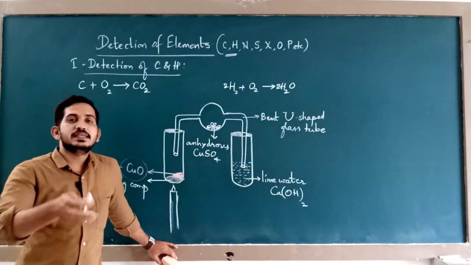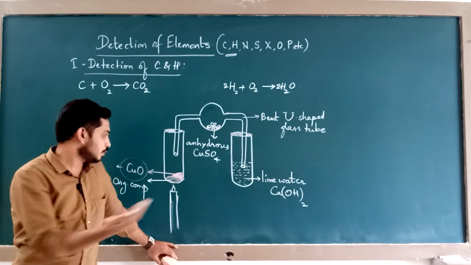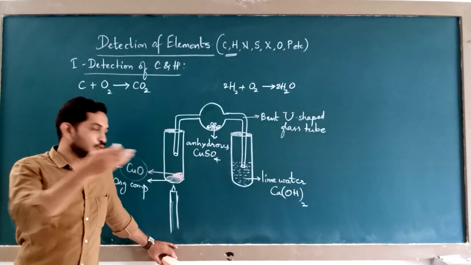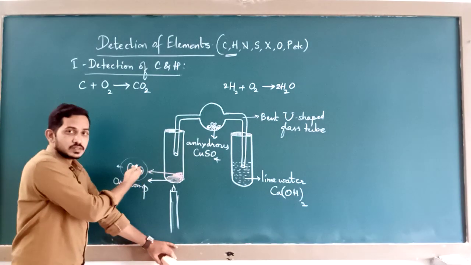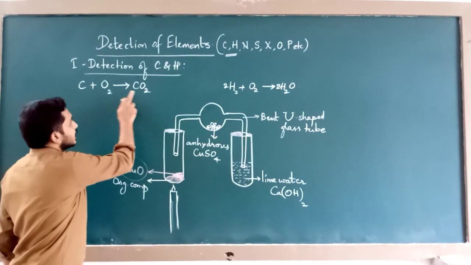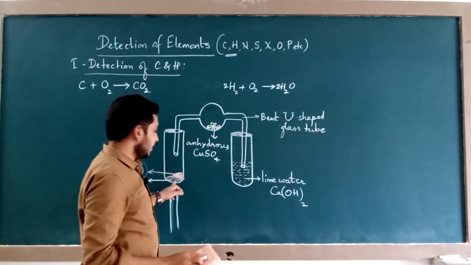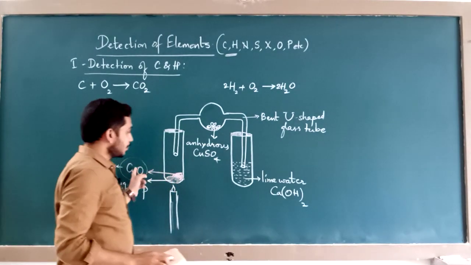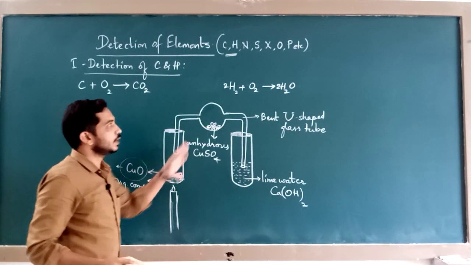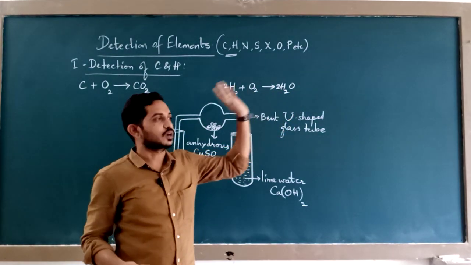It gives oxygen to the other compound, our organic compound, which contains carbon and hydrogen. So when copper oxide gives oxygen to the carbon, it will get converted into carbon dioxide. Similarly, copper oxide gives oxygen to the hydrogen, and that hydrogen will get converted into water.